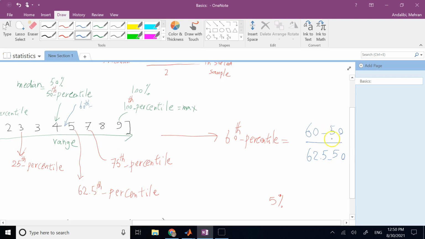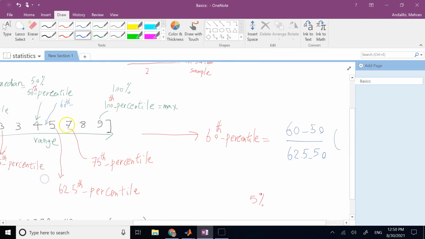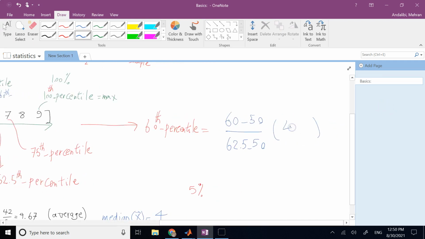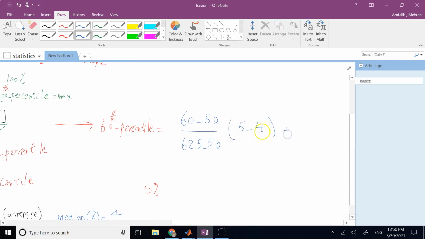So we do a linear interpolation that times the whole range of data, which is basically 5 minus 4, correct? So this 12.5 percentile corresponds to 1 unit of change in the data. What about 10% of it? Okay, you find that, and then you add it to the data that was at 50th, which is 4.